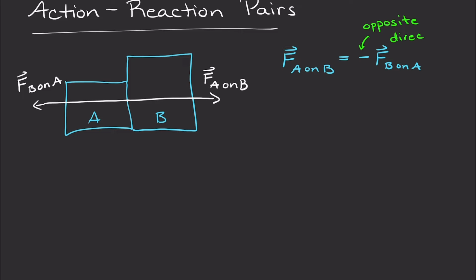So these forces in these action-reaction pairs have the same magnitude but opposite directions. When you have the vector hat on top of these forces, you have to put in that direction. But you may also see F A on B without the vector hat, and then we don't write the minus sign, because when we drop the vector hat, it means we're only talking about magnitude.